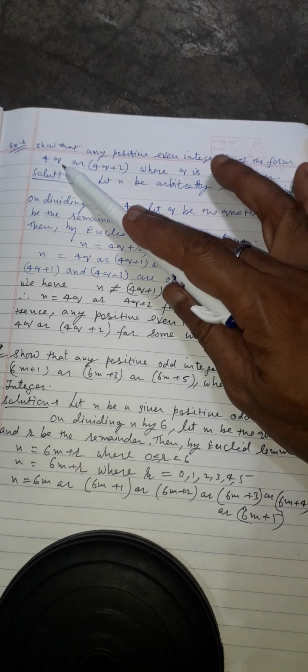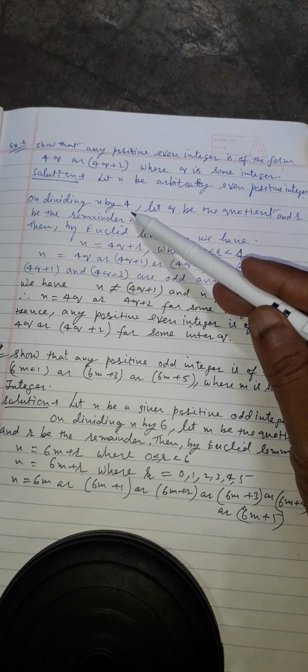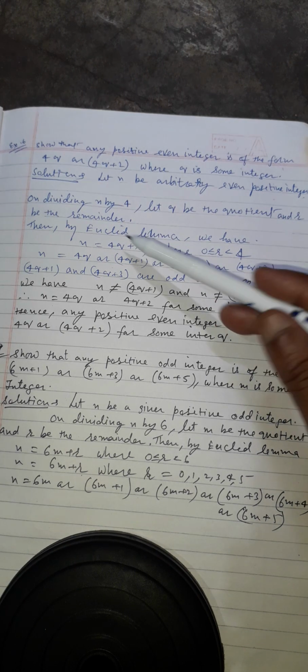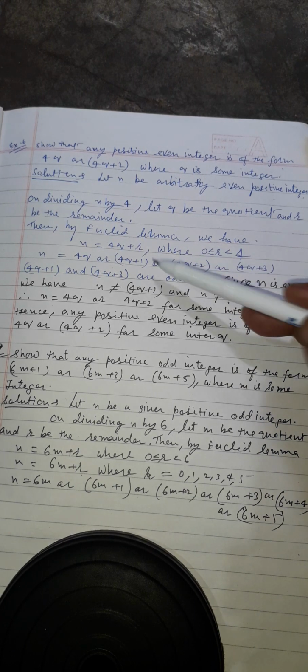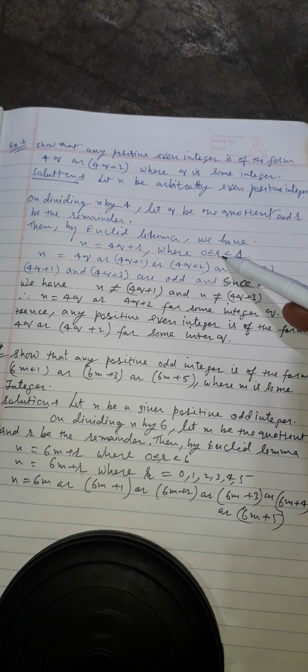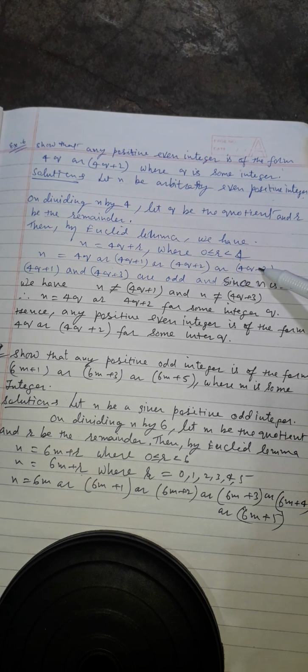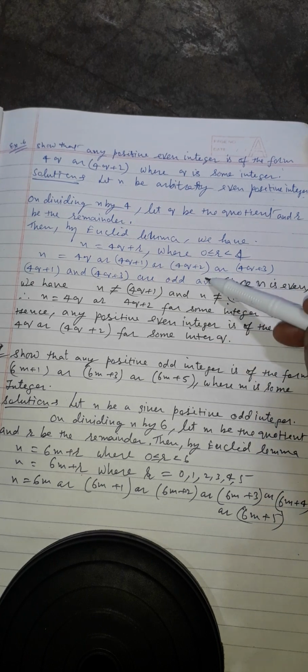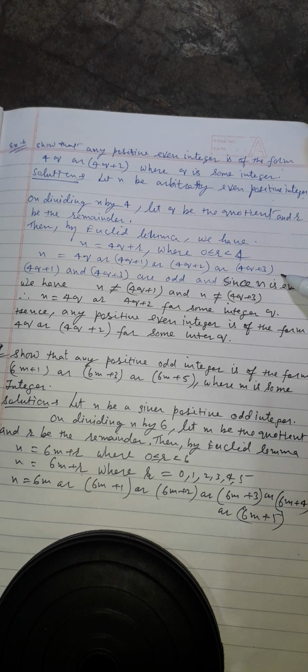Because 4q and 4q plus 2 are even numbers, so we have taken this. On dividing n by 4, let q be the quotient and r be the remainder. Then by Euclid's lemma, we have n is equal to 4q plus r, where r is greater than or equal to 0 and less than 4. Then n is equal to 4q, 4q plus 1, 4q plus 2 or 4q plus 3.